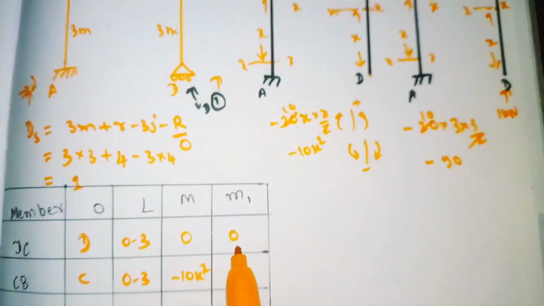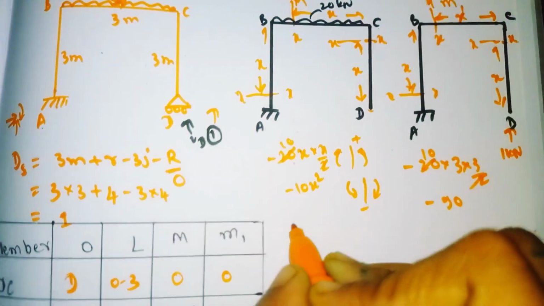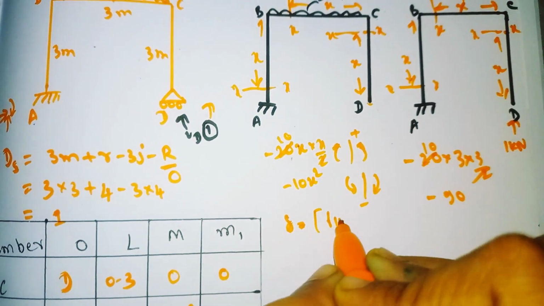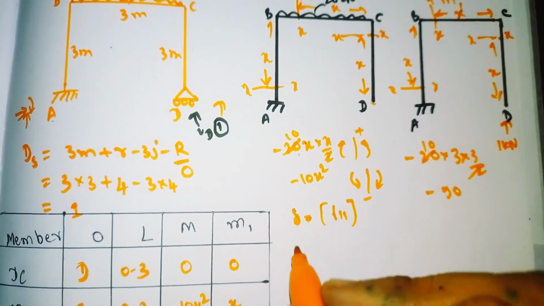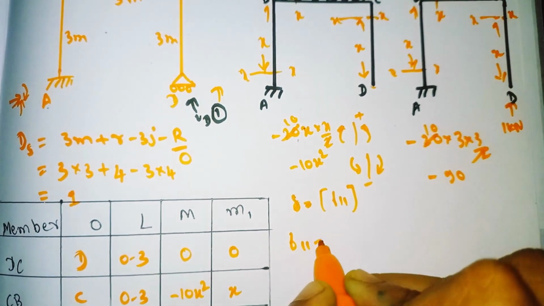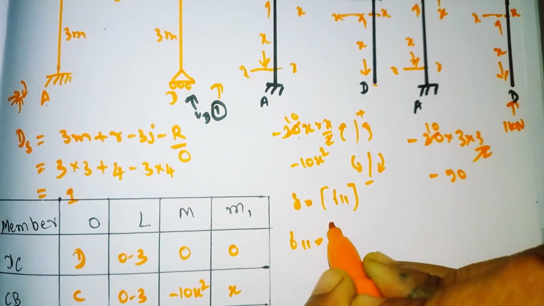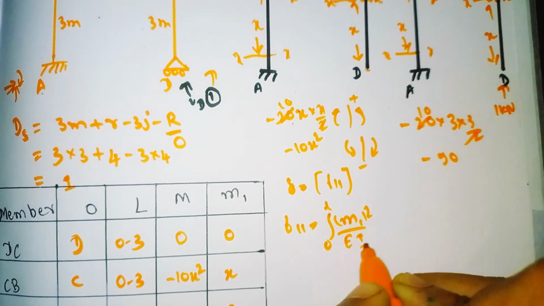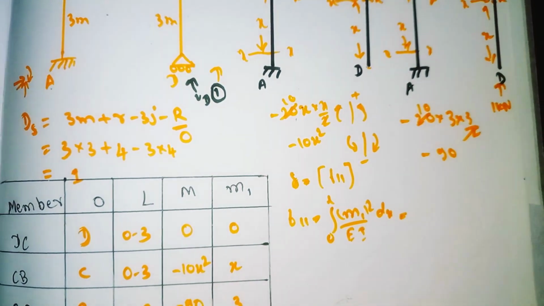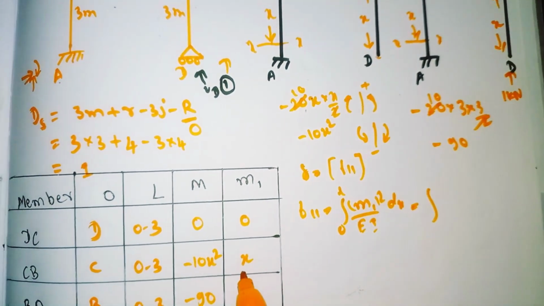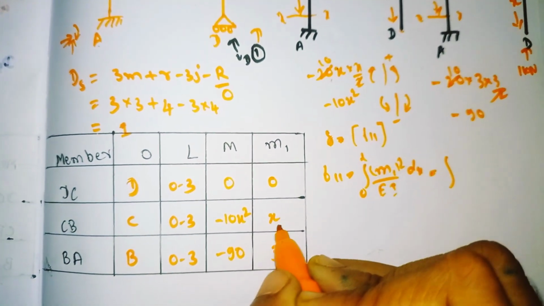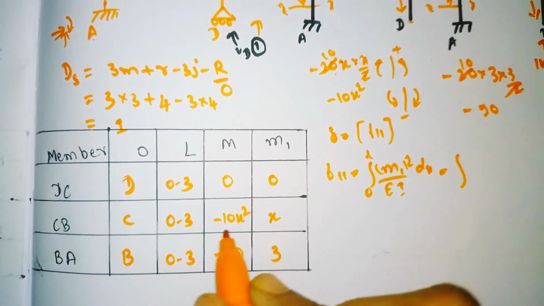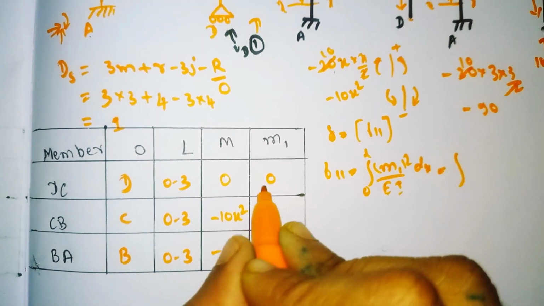Now we have only one coordinate, so our flexibility matrix becomes F11. We need to find F11. For that we have the formula: integration of 0 to L, m1 square divided by EI into dx. Now put all the values. For DC, m1 is 0, so we don't need to calculate this.